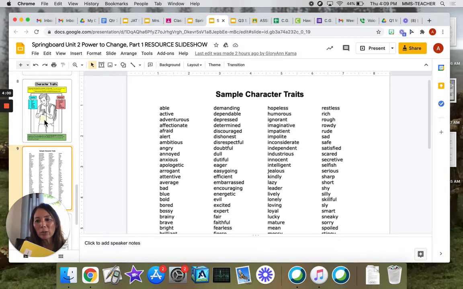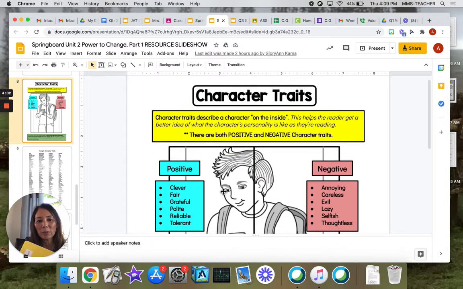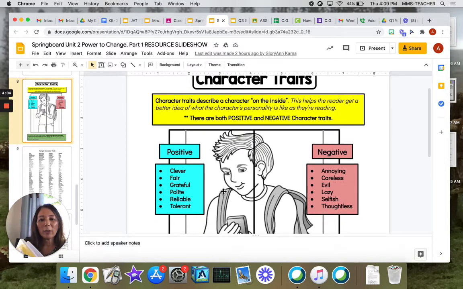What I want you to do is in your composition book, I want you to find some examples of positive character traits and negative character traits. So I want you to find at least 5 to 10 positive, find 5 to 10 negative character traits.